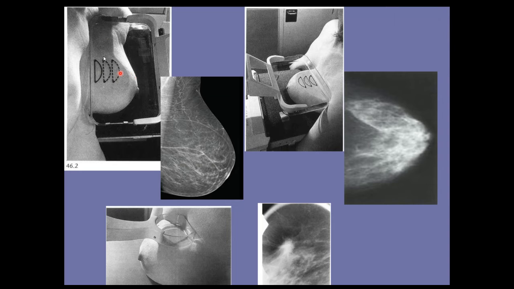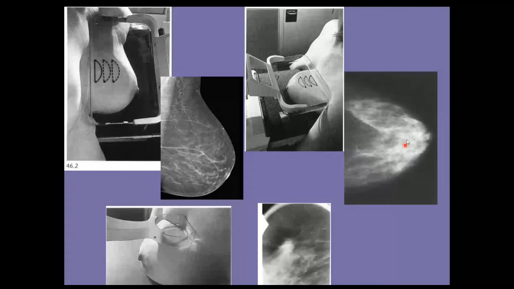Number two, if we compress the breast tissue, another advantage is that we can disperse the fibroglandular tissue, and there are fewer chances of overlapping of fibroglandular tissue. Fibroglandular tissue appears white.